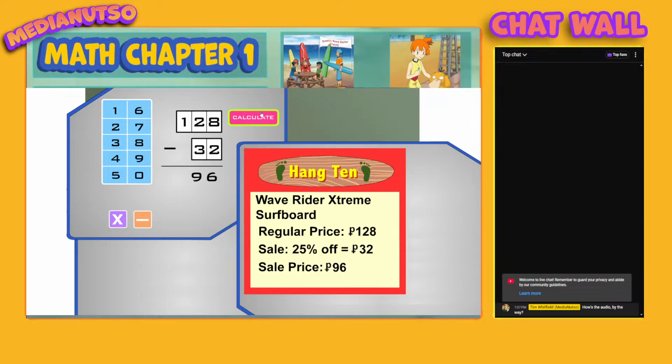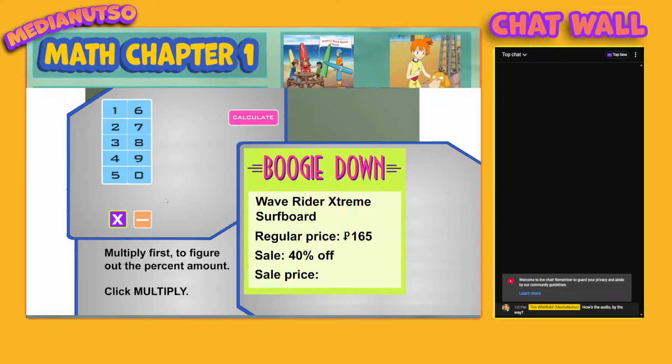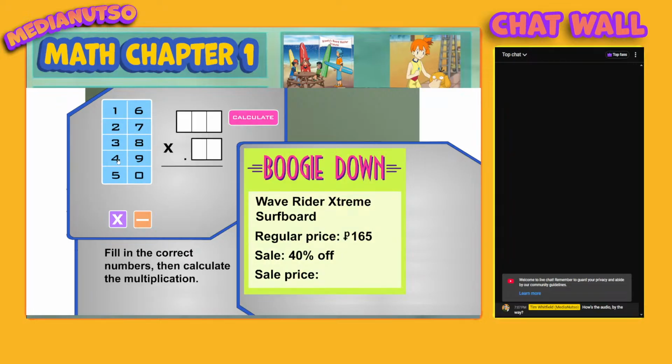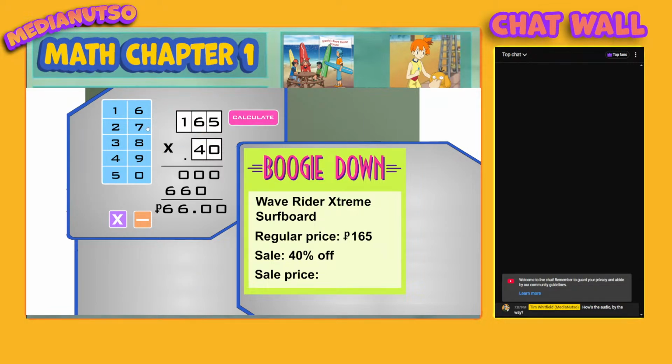Awesome! Now we know the sale price of the Wave Rider Extreme at this store. One store to go. Here's the sale. Fill in the correct numbers, then calculate the multiplication. You got it. That's the percentage off amount.